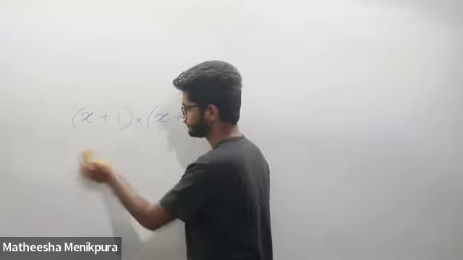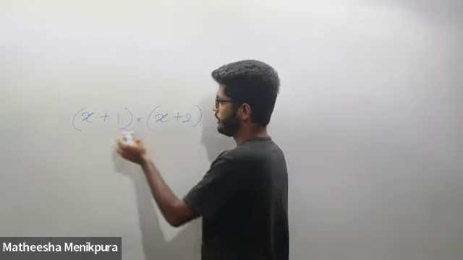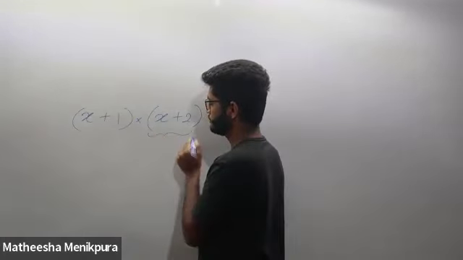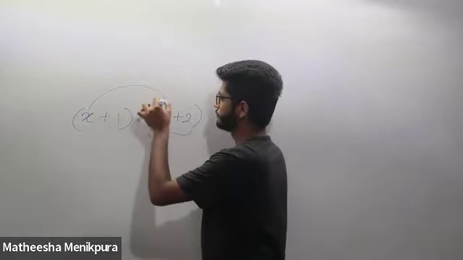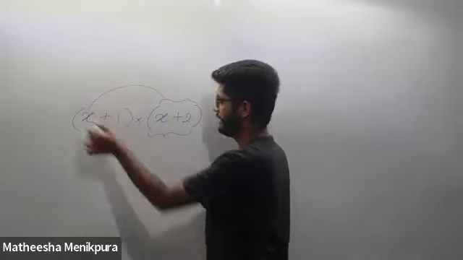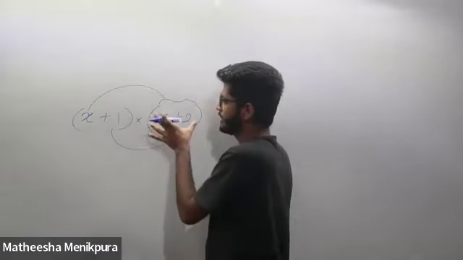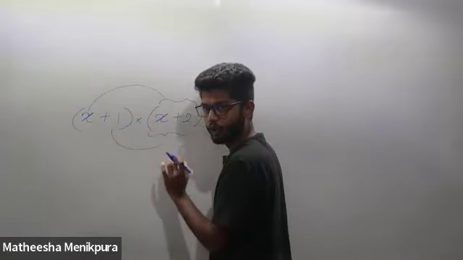So now, I will multiply this bracket with this x and with this 1 separately. First, I will multiply this bracket with x, and after that, I will multiply this one by 1.